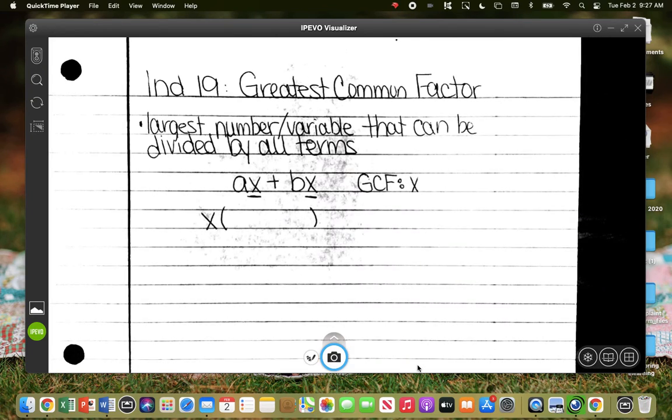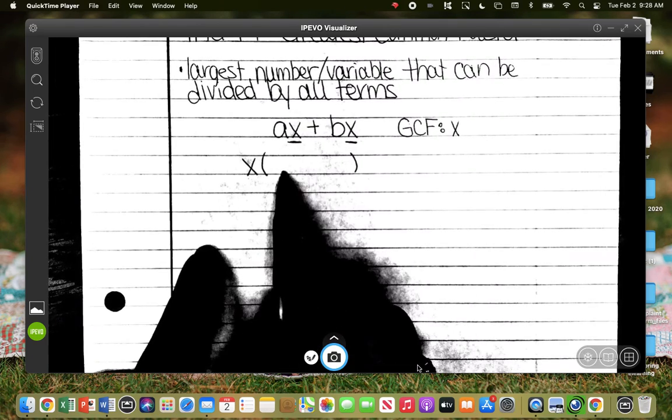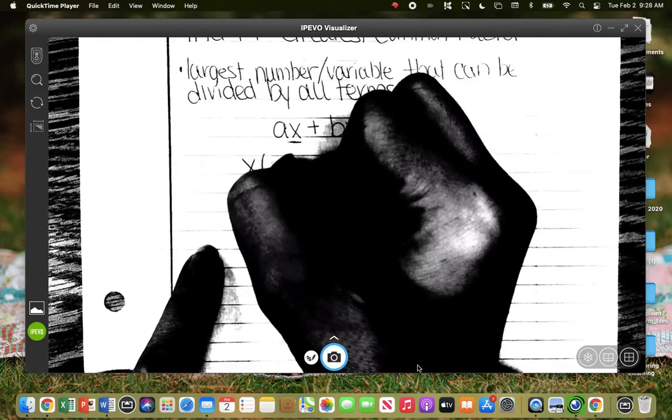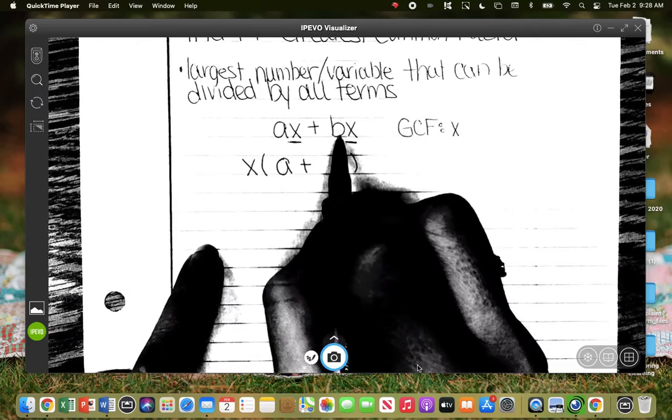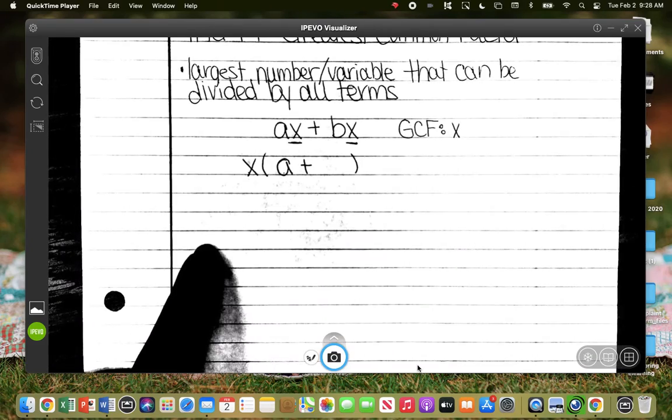Then you tell me, if I take out that greatest common factor, what would be left? For AX, if I take the X out, what's left? An A. For BX, if I take the X out, what's left?